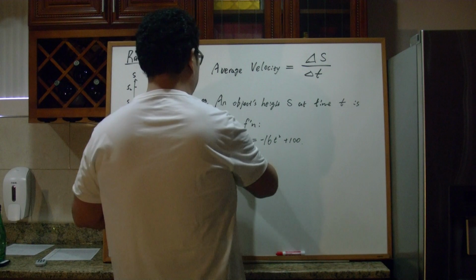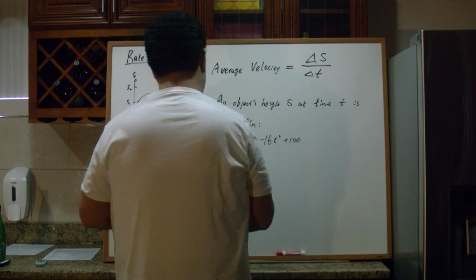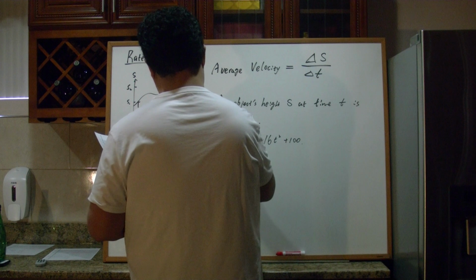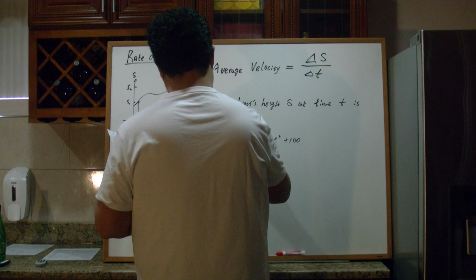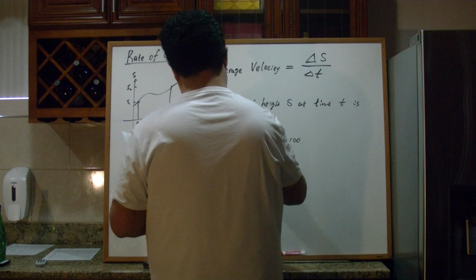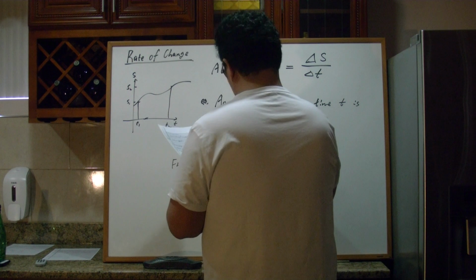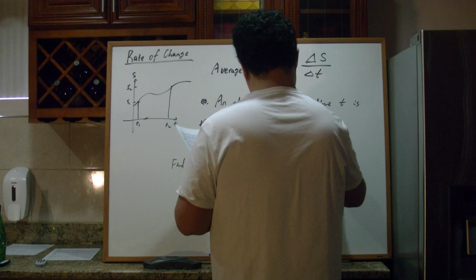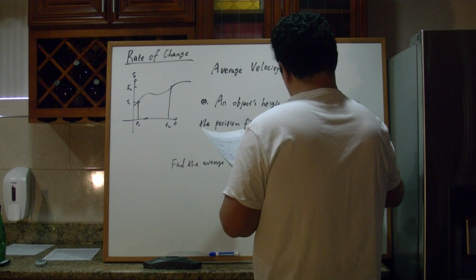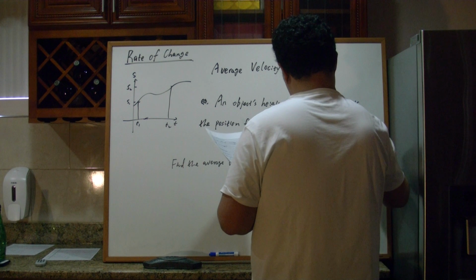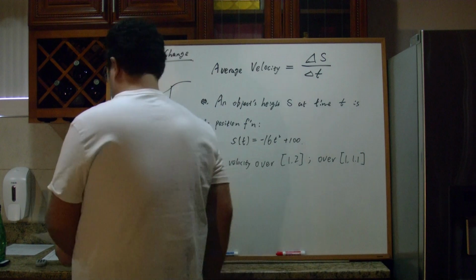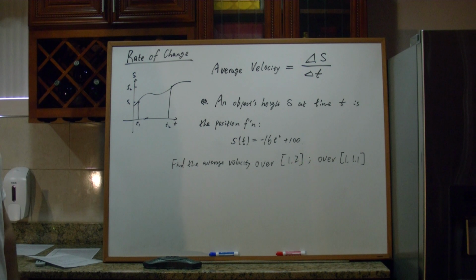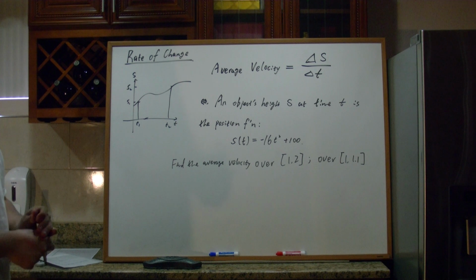All of them are lowercase. Find the average velocity over 1 to 2 seconds, and over 1 to 1.1 seconds.